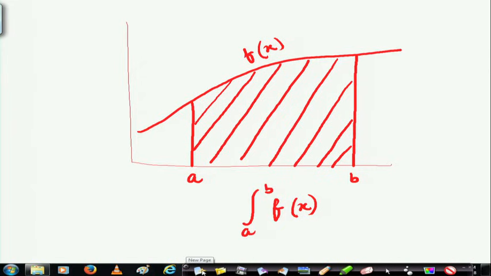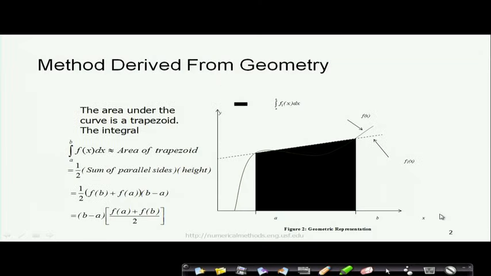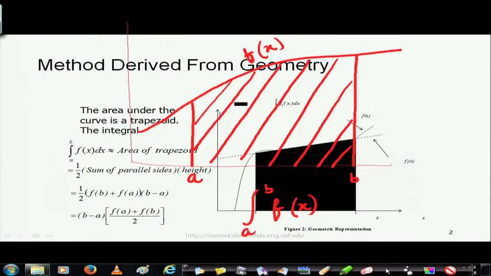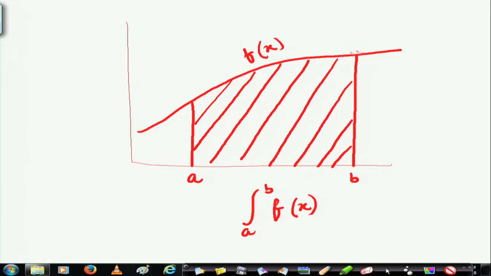A very simple method is the trapezoidal method, which we will discuss here. Let me go back to this case. Now, you can see that I can approximate this curve in a very simplistic case using a trapezoid, right.